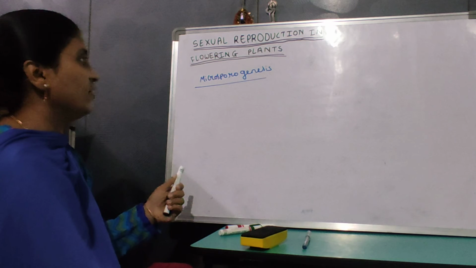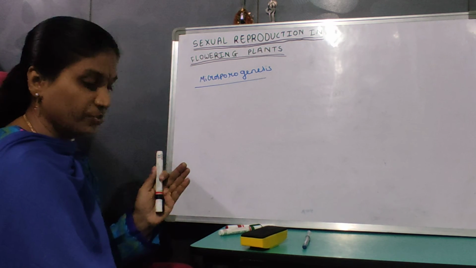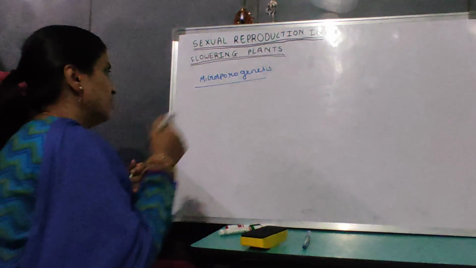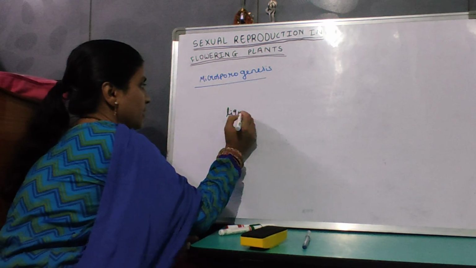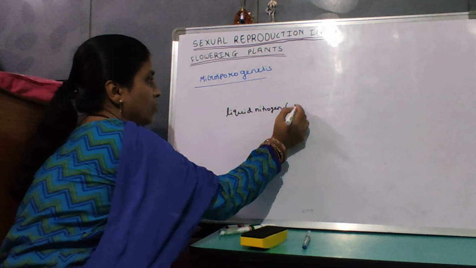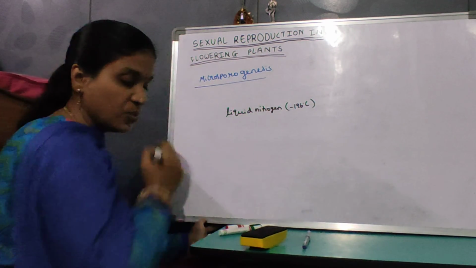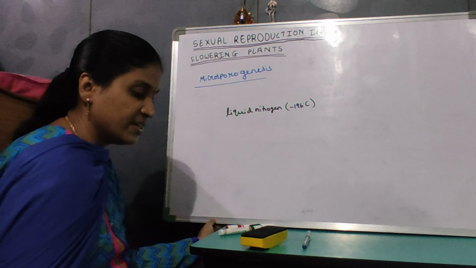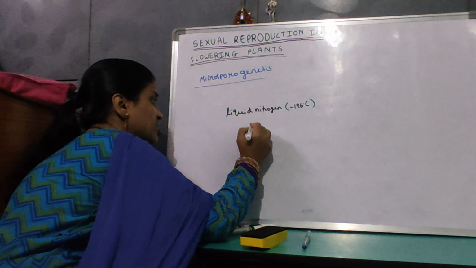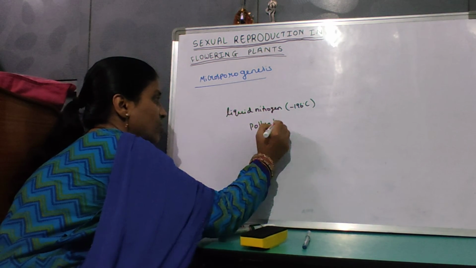Then these pollen grains can be stored as pollen banks in liquid nitrogen at -196 degrees centigrade. They can be stored for several years, and such pollen grains are called pollen banks.